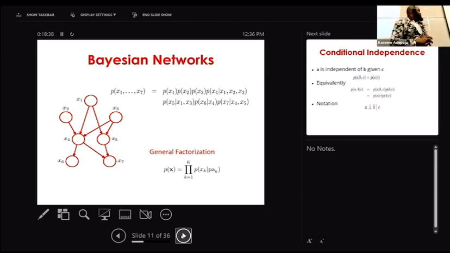Any question? Even if you have a more complex structure, you can easily write out the probability of the joint. Now, the general factorization, if I want to write all that in a short form, I can just write that in a short form.